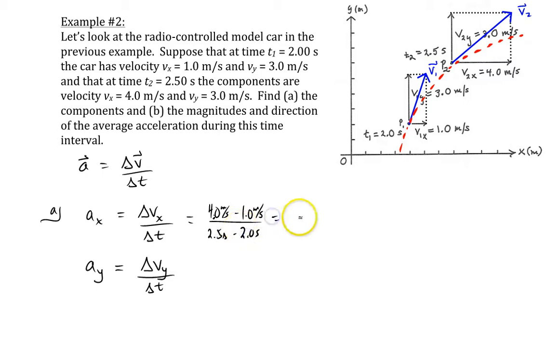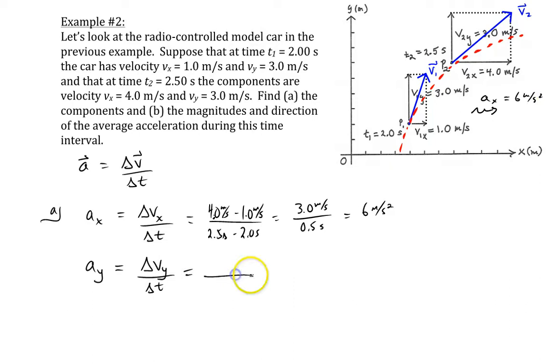And so you will get 3 meters per second on top and 0.5 seconds. So this will give you an answer of 6 meters per second squared horizontally. So it's accelerating horizontally to the right with an acceleration of 6 meters per second squared.